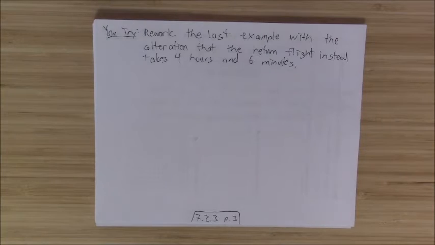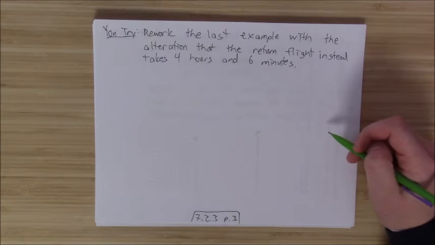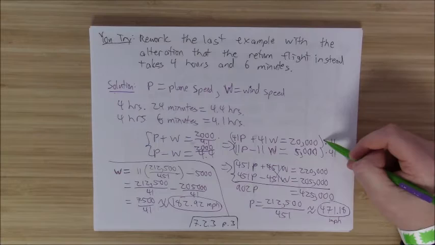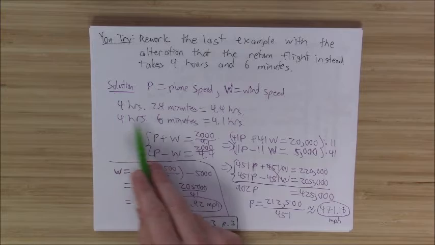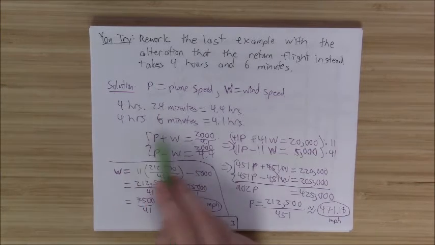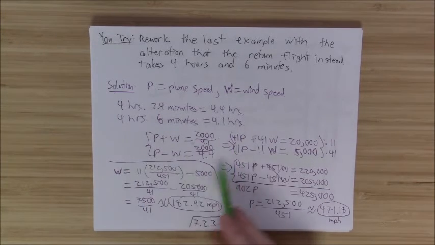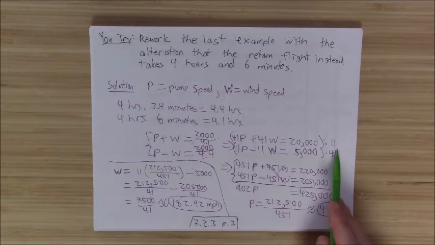Now, go ahead and rework the last example with the first, where the return flight instead takes 4 hours and 6 minutes. On the count of 3, I'll reveal the solution. 1, 2, 3. So here we have to convert the hours and minutes into hours first. Then we set up our system of equations.